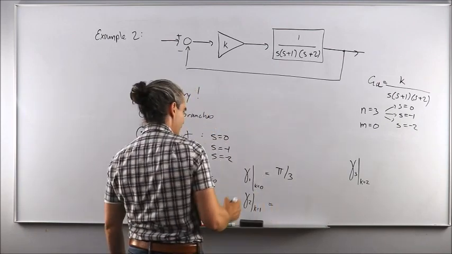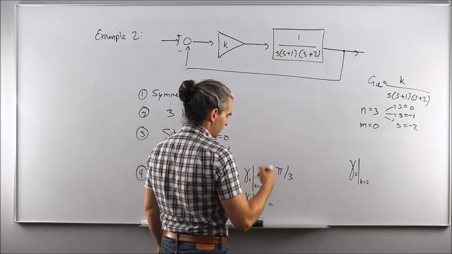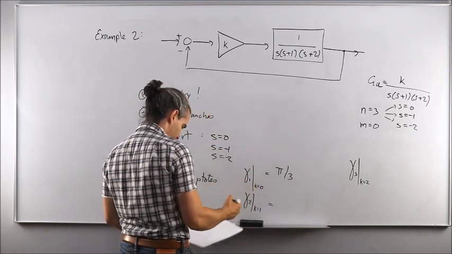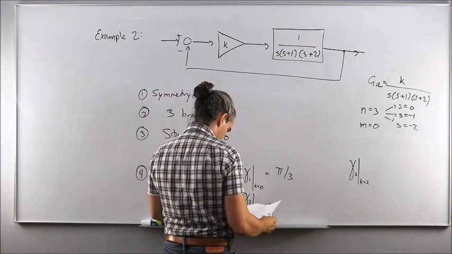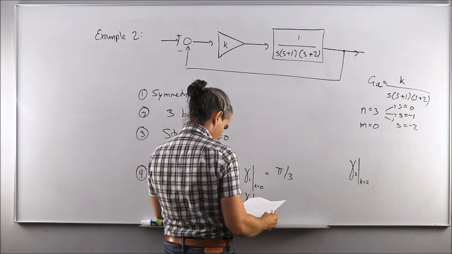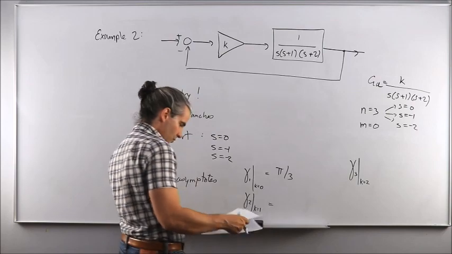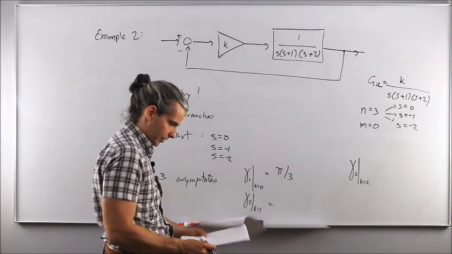For the other one, 1 minus 2 times 1, so that's minus 1 over 3. It's plus. Is it plus or is it minus? Ooh, did I make a mistake with the equation here?